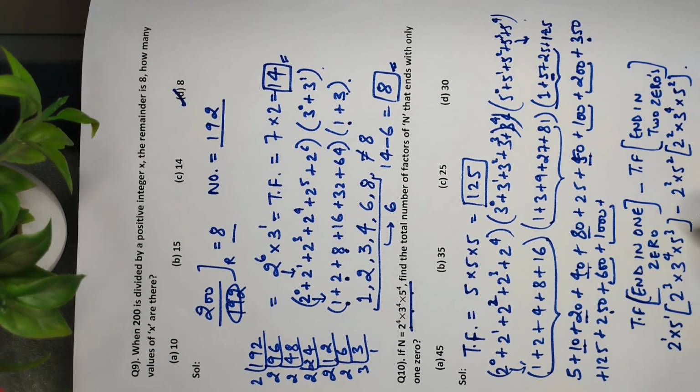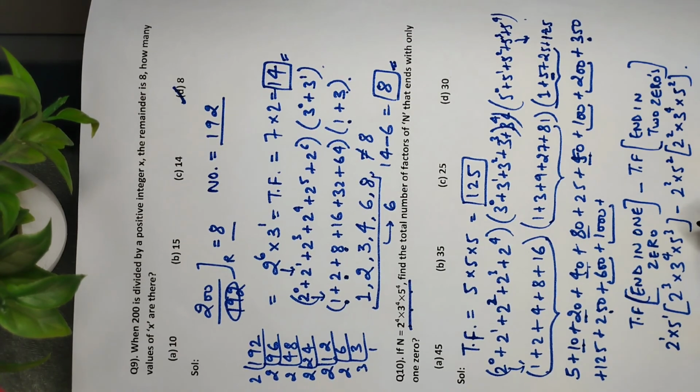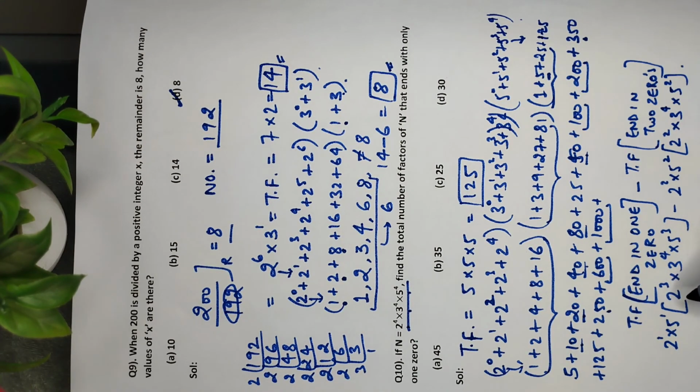And then we have to follow the same process that we follow for finding the number of factors. So I can simply say that this can be written as 3 plus 1 is 4 multiplied by 4 plus 1 is 5 multiplied by 3 plus 1 is 4, minus 2 plus 1 is 3 multiplied by 4 plus 1 is 5 multiplied by 2 plus 1 is 3.